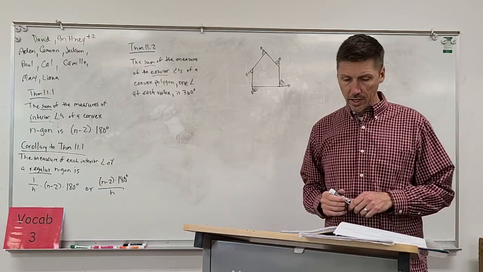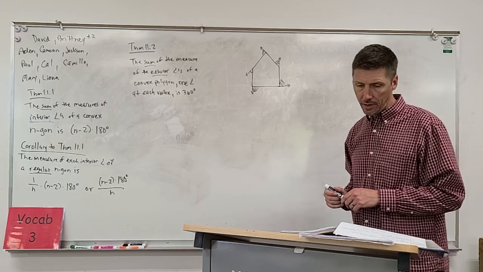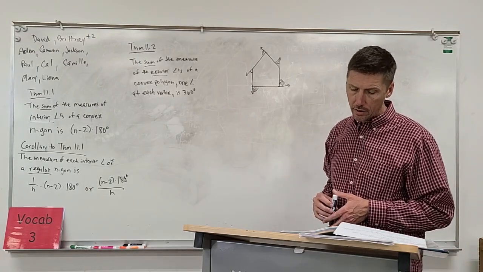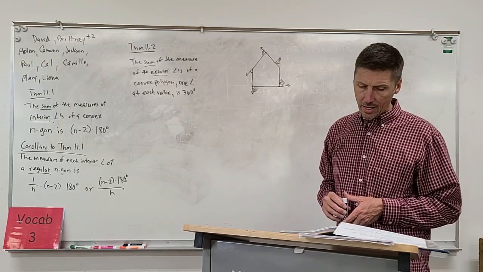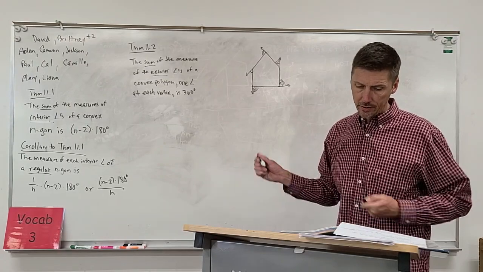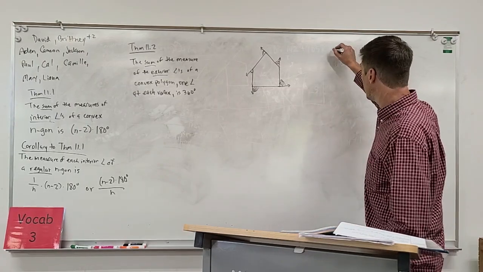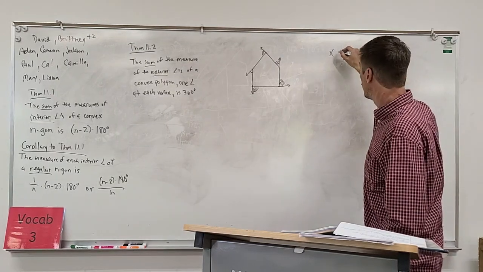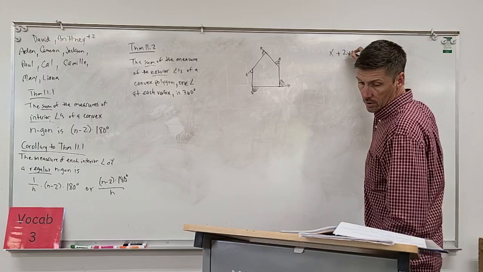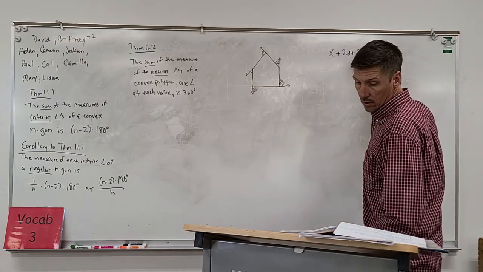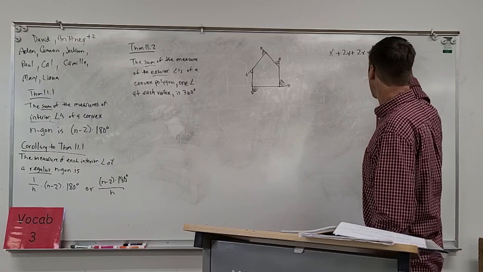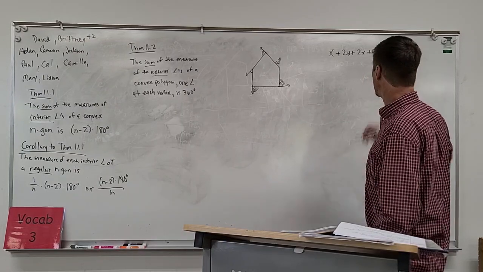And so we could say they have that weird kind of shape there in example 3a, and they've got all the exterior angles listed for us. So we can say x plus 2x plus 2x plus 4x plus 3x, all of that has to equal 360 degrees, right?